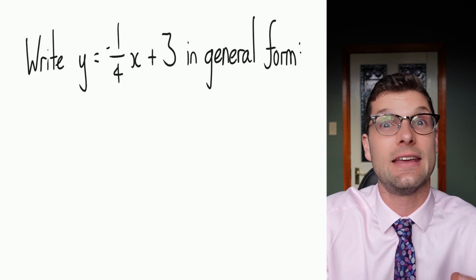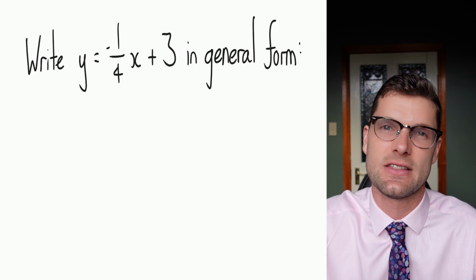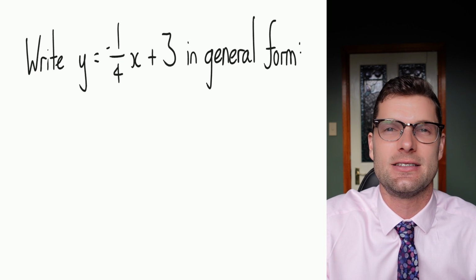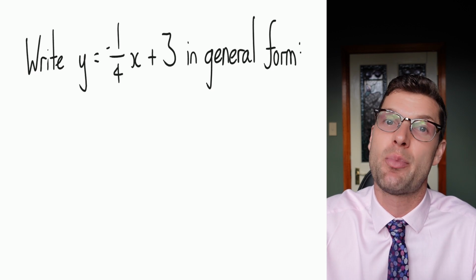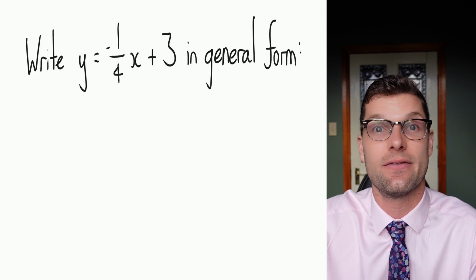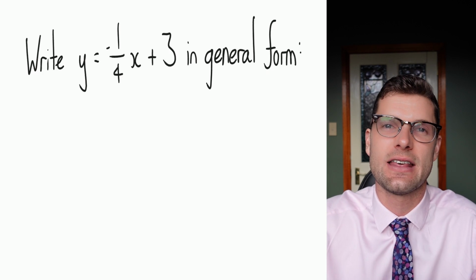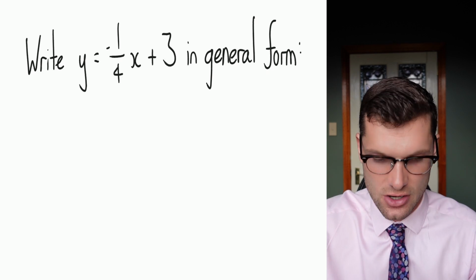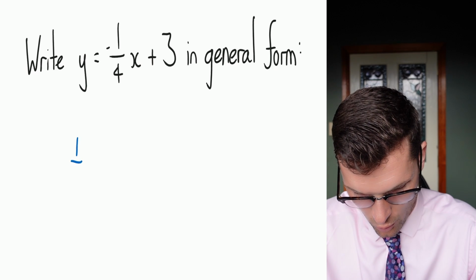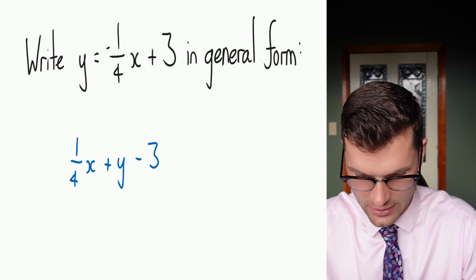We've got 2 more here that don't actually use the graph. We might be asked to change our equation into the general form, and the only skill we need to know for that is how to rearrange an equation, making sure that the value with x is positive and an integer. That's really important. So for this one, I'm going to get everything over onto that y side, leaving 0 on the left-hand side. So this becomes 1/4 x plus y minus 3 is equal to 0.